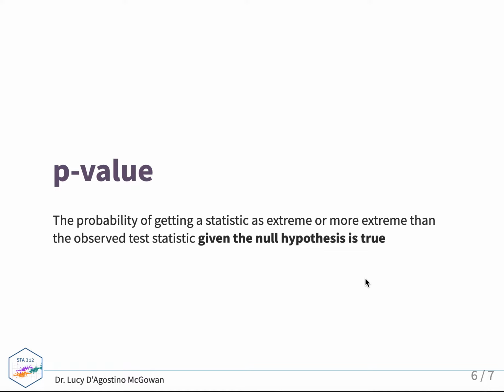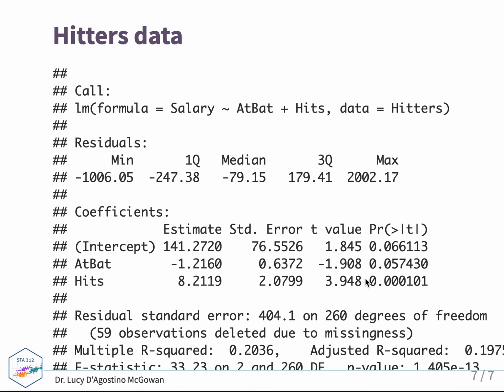That brings me to the next part, the p-value. The p-value is the probability of getting a statistic as extreme or more extreme than the observed test statistic given that the null hypothesis is true. So for example, for hits, it's the probability of seeing a statistic as extreme or more extreme than 3.948 given the null hypothesis is true, where the null hypothesis here is that this beta coefficient is 0.